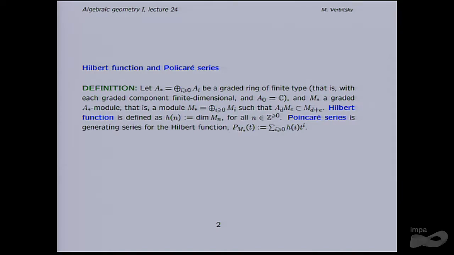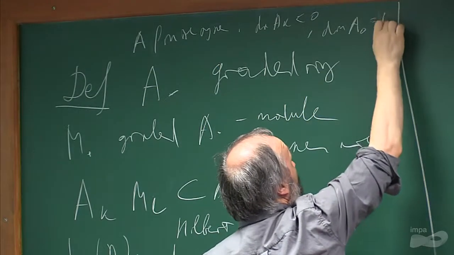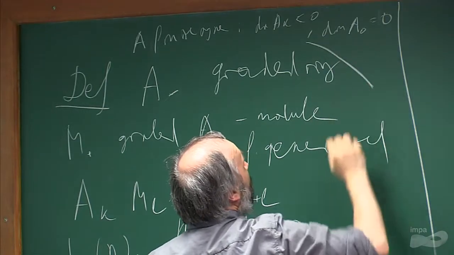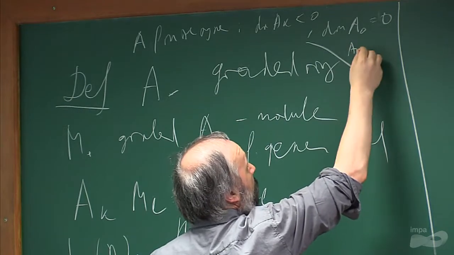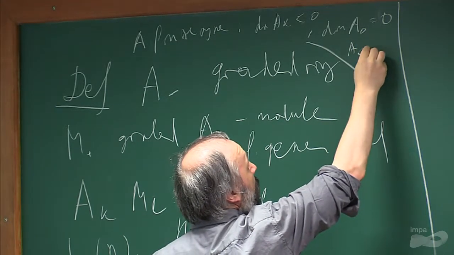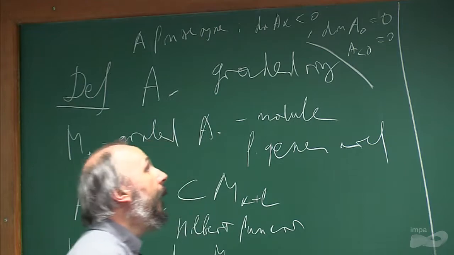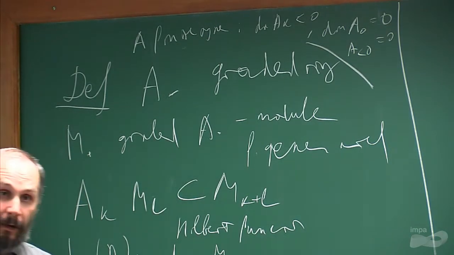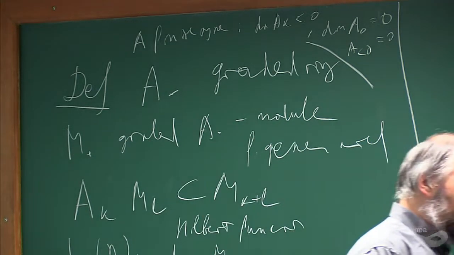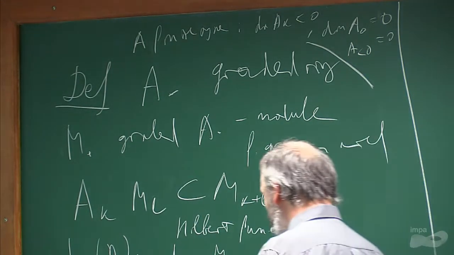For the present purposes, this means that the dimension of A_k is finite, the dimension of A_0 is 1, so this is just the ground field. And then I would also assume that A_k for negative k is 0. This is the assumption which we had for the graded rings of projective varieties, so this is a natural assumption.